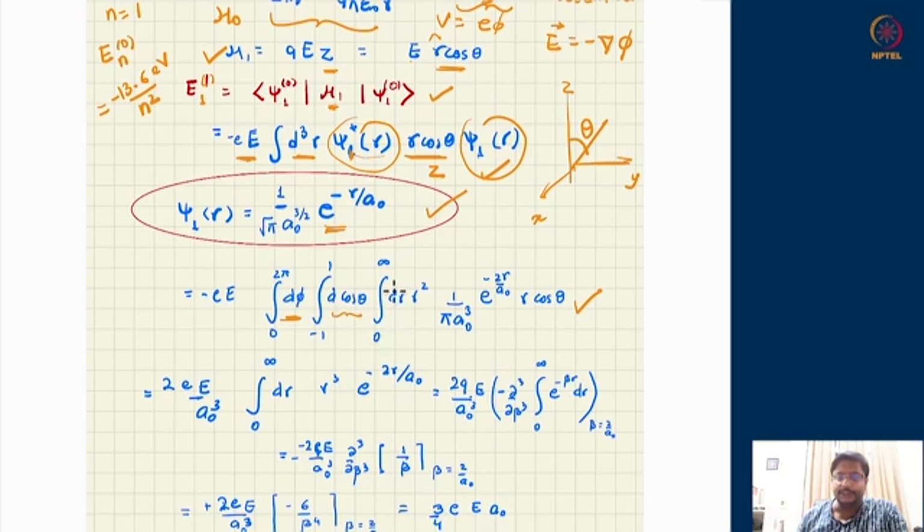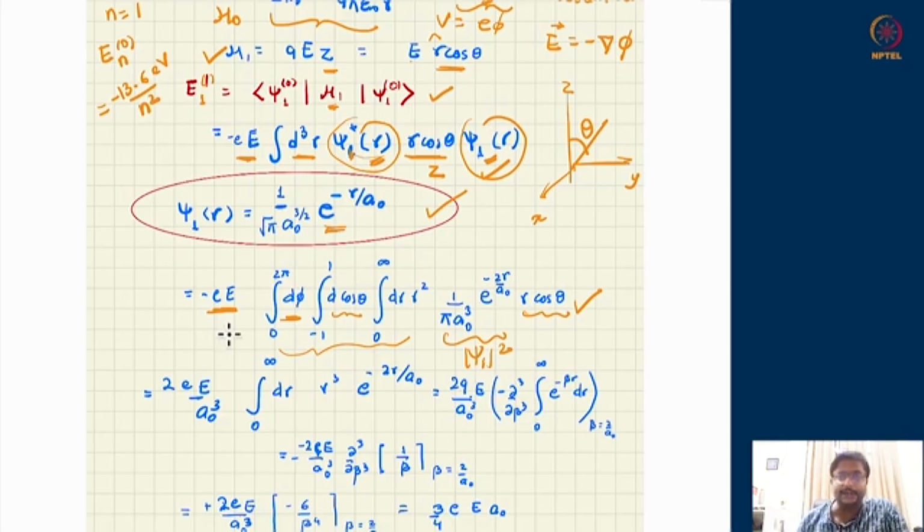Then in this case, the radial part's measure will be dr times r square. So this is just d3r written with the respective limits. And this overall is the psi 1 mod square, which is coming from psi 1 here and psi 1 star here, and this object, r cos theta times minus E E, is just the perturbation Hamiltonian.